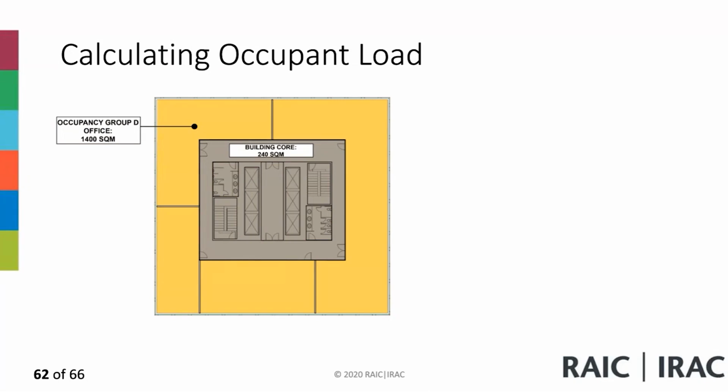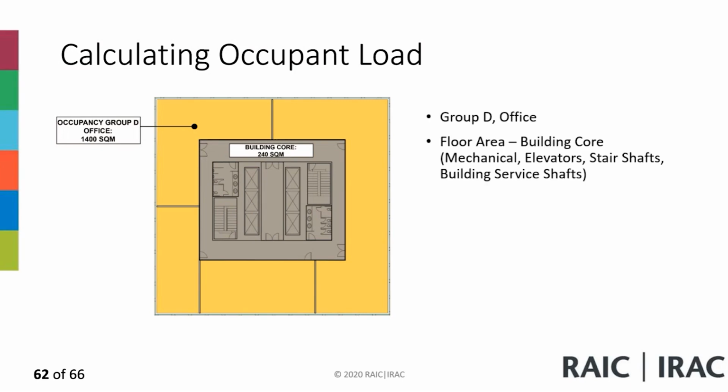So occupancy group D, I've got the building core is 240 square meters. That's not occupied. The office space is 1,400. The building core is not included in my floor area for the purposes of the definition of floor area. So the floor area is divided by the occupant load factor, which is area per person in meters squared.